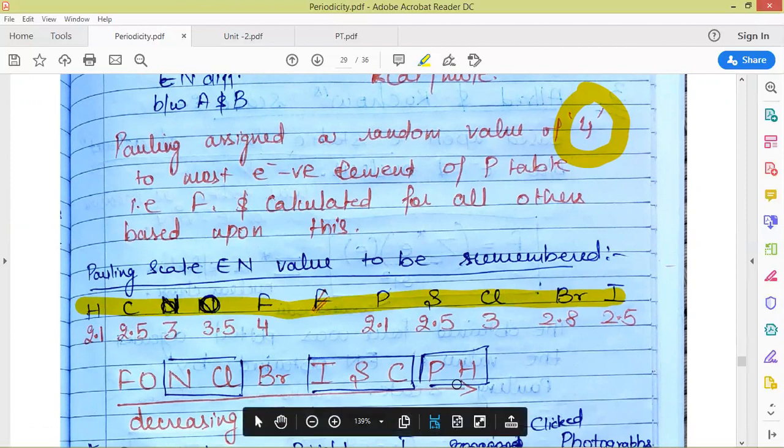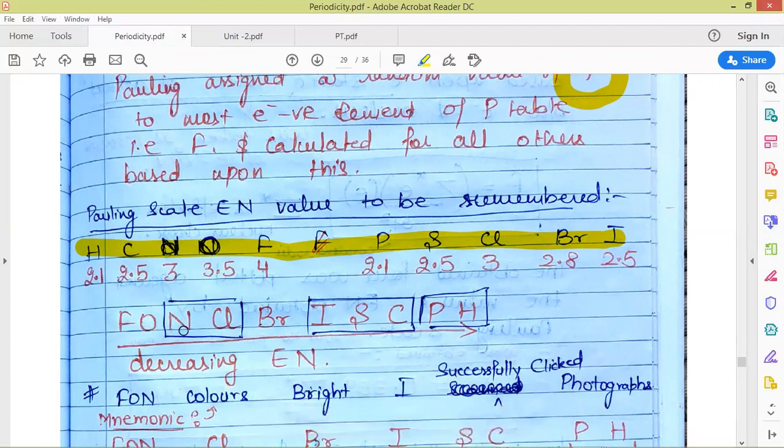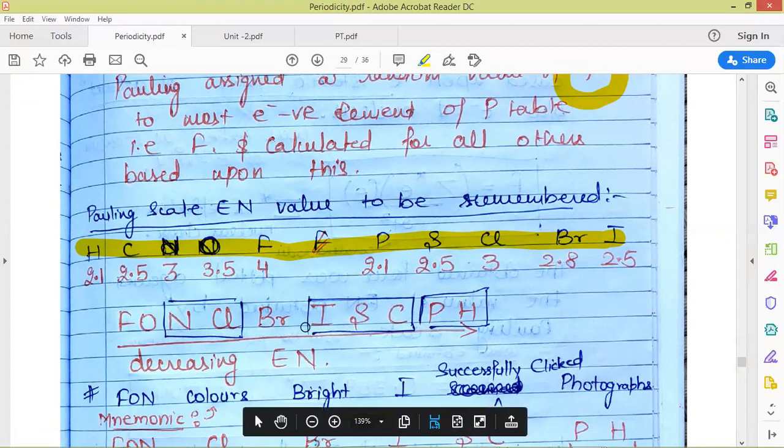The values of electronegativity decrease in this order. Highest is fluorine, with an electronegativity of 4. Then comes oxygen with 3.5. Then nitrogen, with an electronegativity value of 3. Then chlorine, which also has the value of 3. Here we have put some elements in boxes, or rectangles.